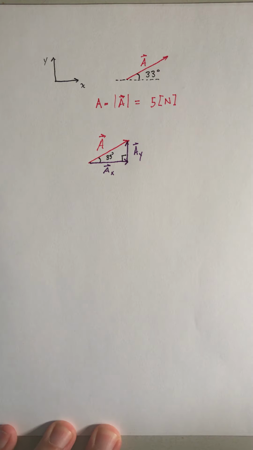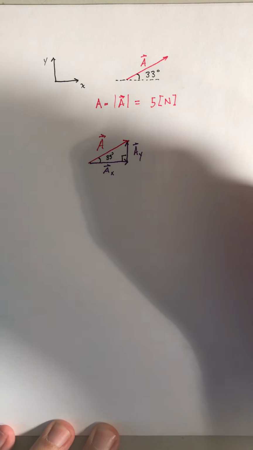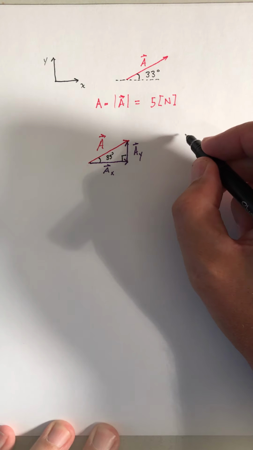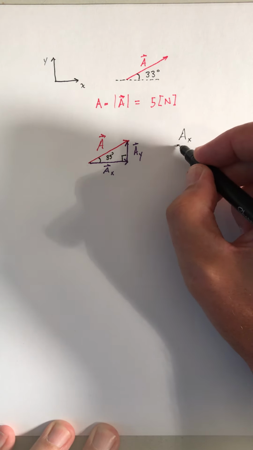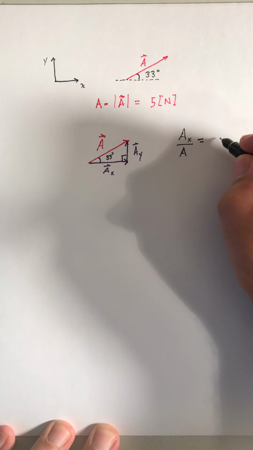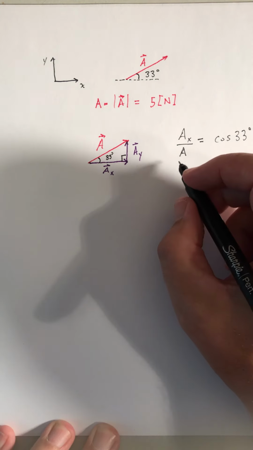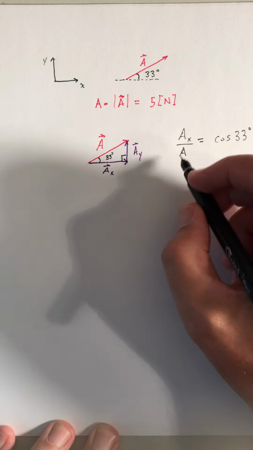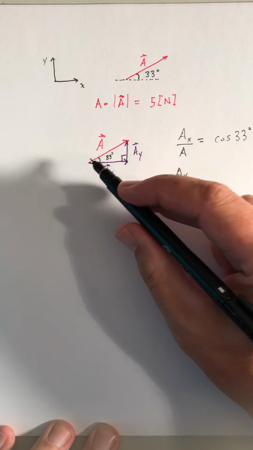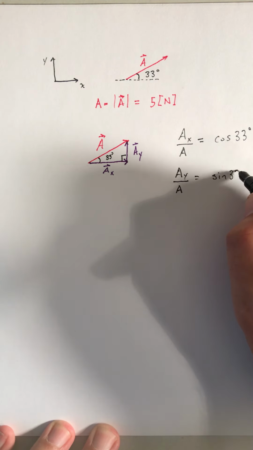Maybe a handy thing to remember as we dive into doing this is that the adjacent side, A sub x, over the hypotenuse has to be cosine of 33 degrees, and the opposite side, A sub y, over the hypotenuse, is equal to sine of 33 degrees.